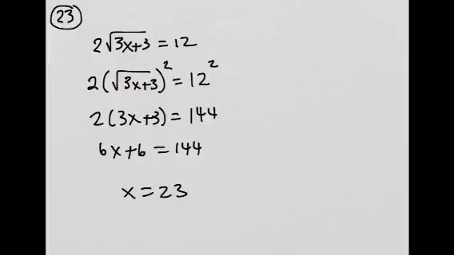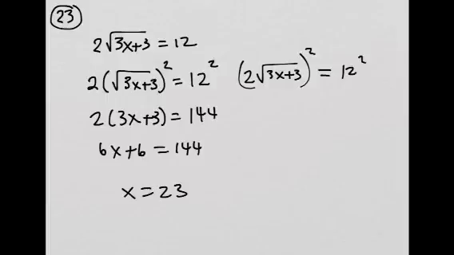Because whatever you do on one side, you've got to do on the other. So we squared one whole side, you have to square the other whole side. So it should look like this. 2 times square root of 3x plus 3 squared, like that, including the 2. And then you get 12 squared.